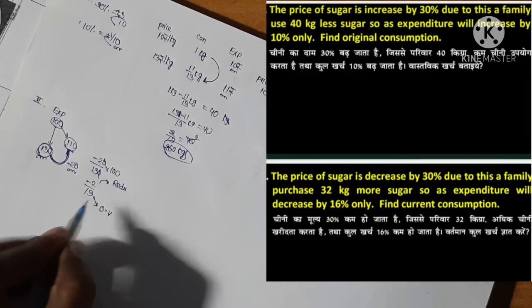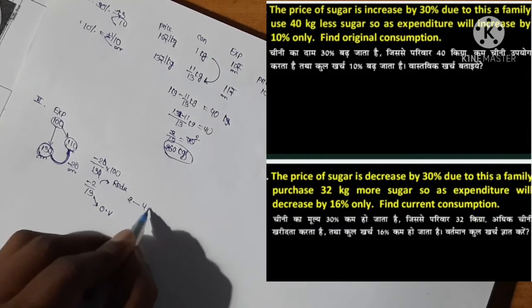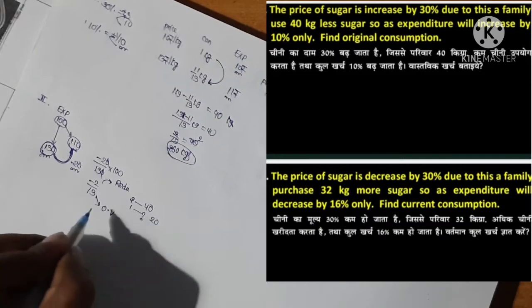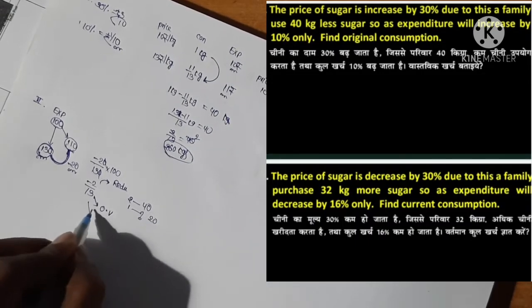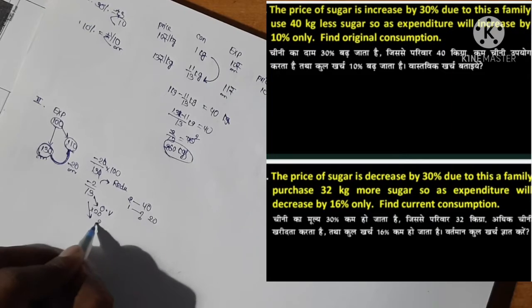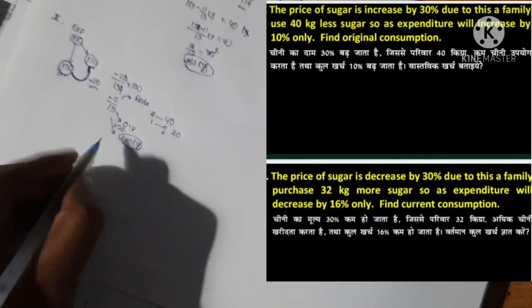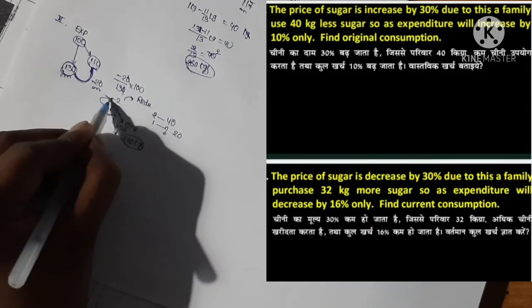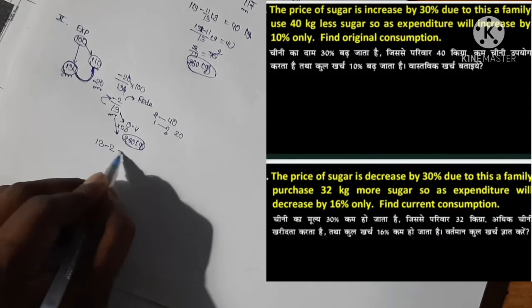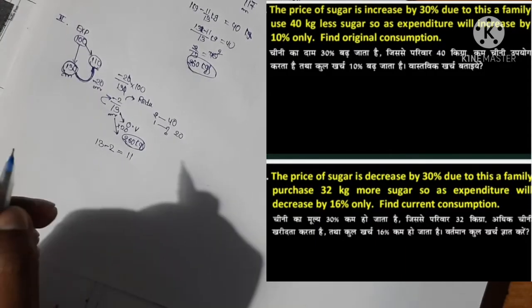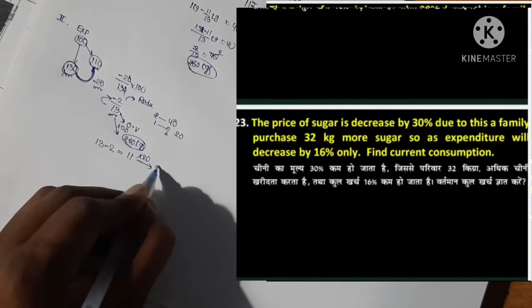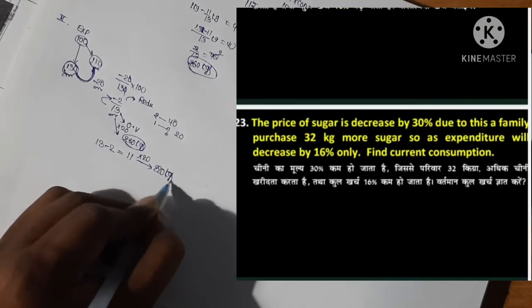That means 2 units represents 40, so 1 unit represents 20. So the original consumption is 13 units, so 13 into 20, the value is 260 kgs. The current consumption: the original value is 13, it is decreased by 2, that means the current is 11. So 11 units into 20, the value is 220 kgs.